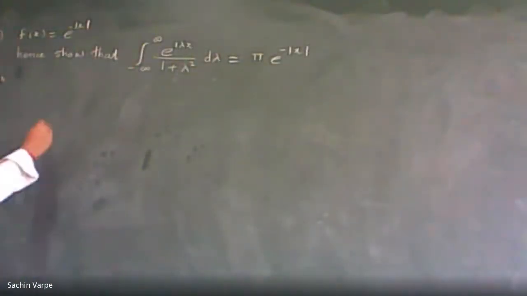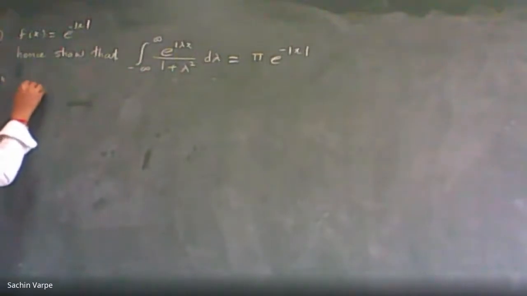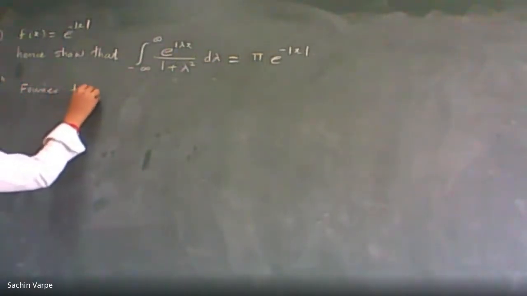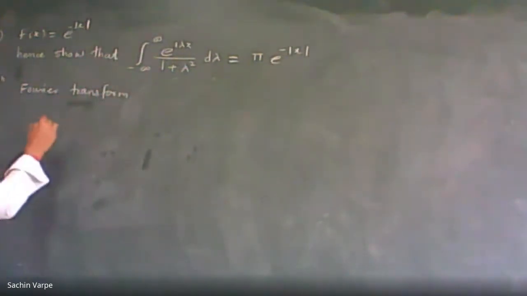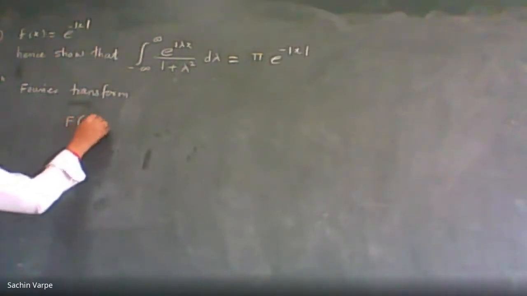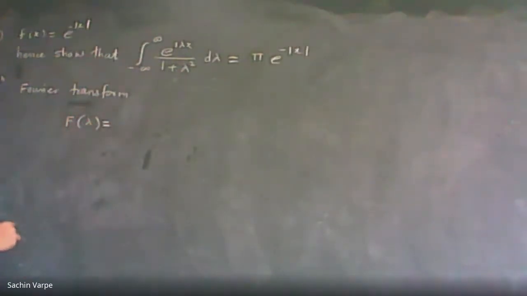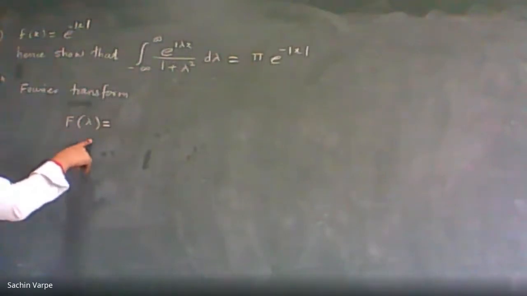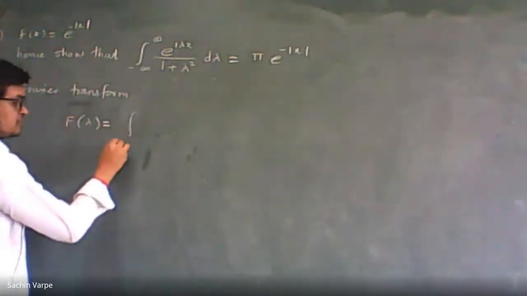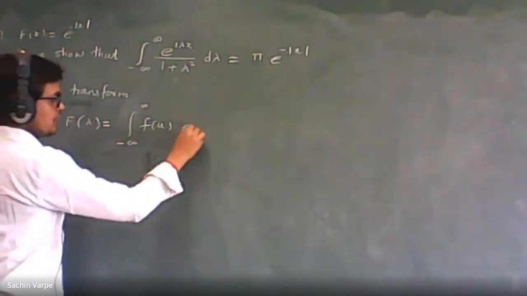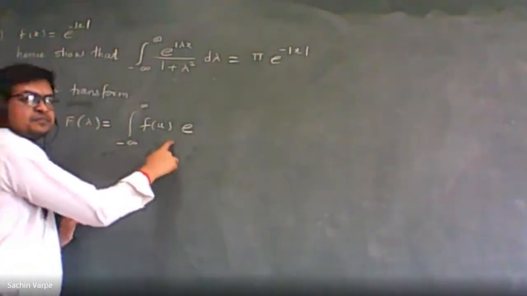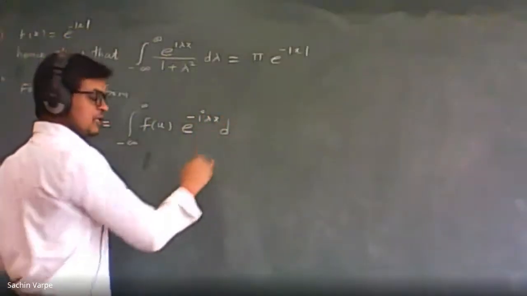So what is the formula of the Fourier transform? F of lambda equals the integral from minus infinity to infinity of f of u e to the power minus i lambda u du. Fourier transform is denoted by a function of lambda.